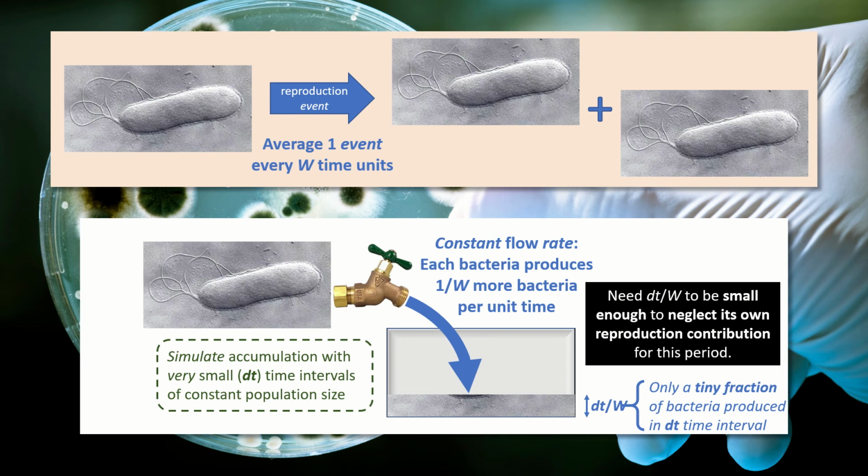So that's kind of the key to making these discrete time simulations work, is that you have to make sure that your discrete time, your tiny little DT time unit, happens at a much smaller time scale than the fastest thing that happens in your system.